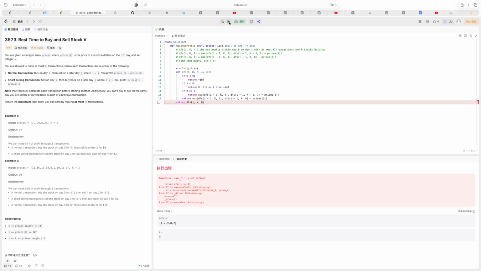So for the answer, we will return dfs(n-1, K, 0). Oh, sorry, it should be n-1. And yeah, we should also be comparing with holding 1 stock, but since holding 1 stock in the end will definitely give a smaller profit than holding 0 stock, we will only count the 0 stock one.